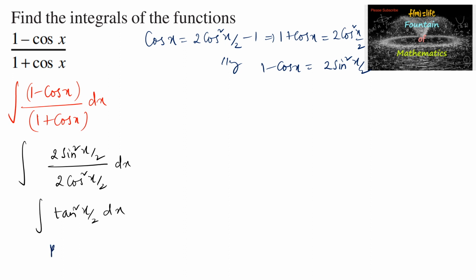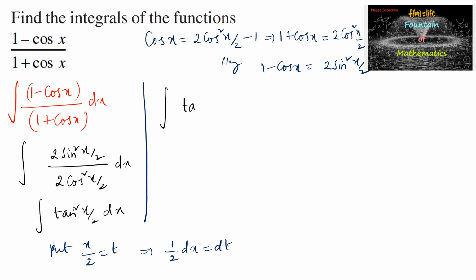So let us put x by 2 is equal to t, which implies 1 upon 2 dx is equal to dt. So dx is equal to 2 times of dt. So we can write integral tan square t into dx is 2 times of dt. So 2 times integration tan square t dt.